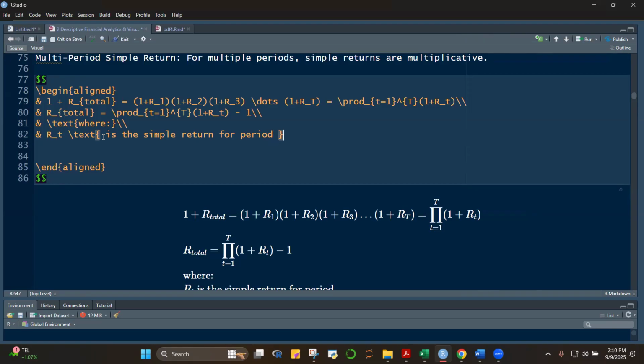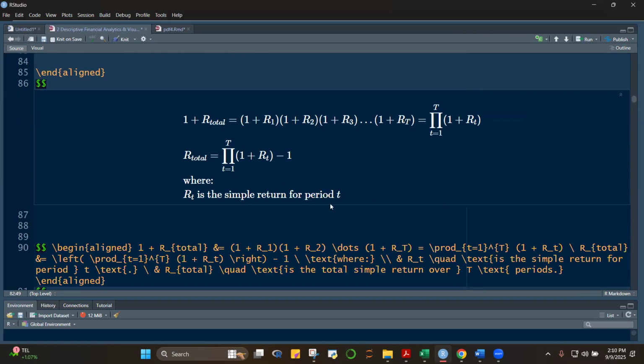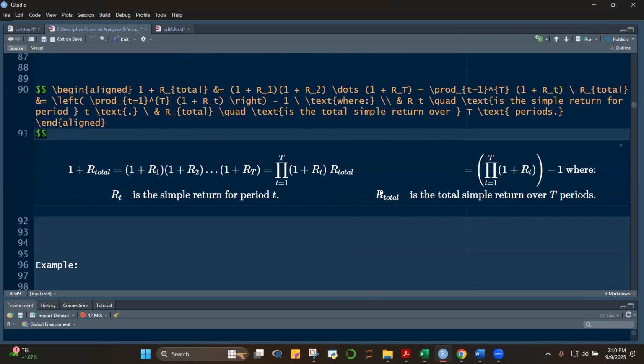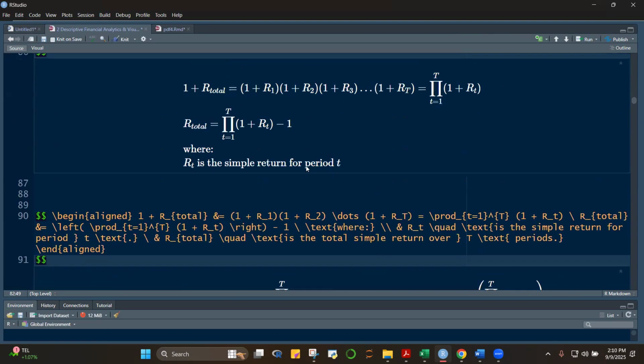And then let me put t outside there. Notice I didn't put t inside, I placed it outside, so you can see that it's still italicized. And we can put a period here.